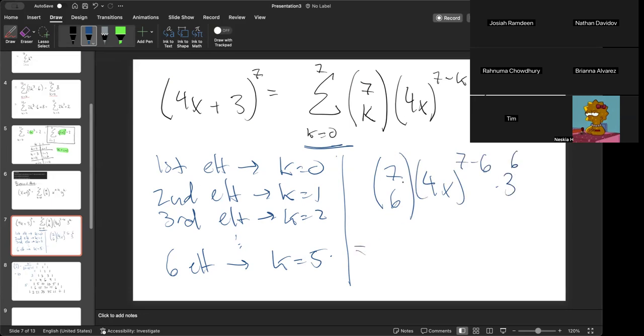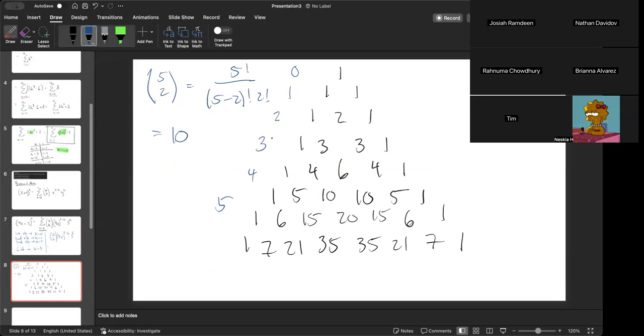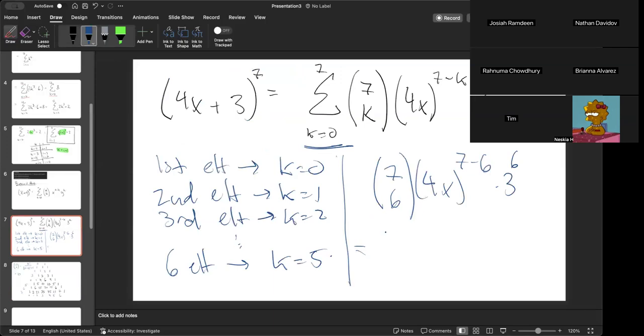Okay. So 7 choose 6, we can find that out: 0, 1, 2, 3, 4, 5, 6, 7. This is 0, 1, 2, 3, 4, 5, 6. So 7 choose 6 is 7. And 4x to the 7 minus 6 is 4x to the 1.